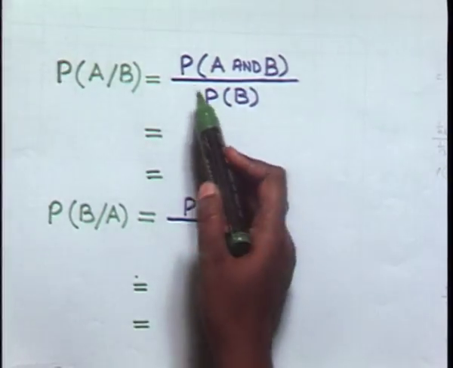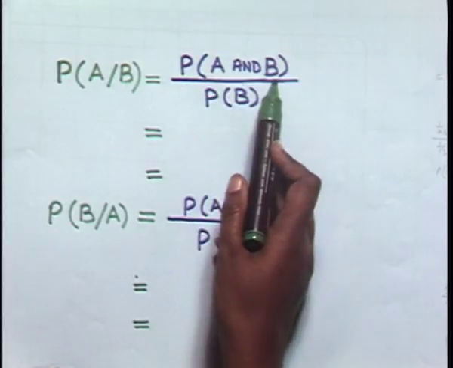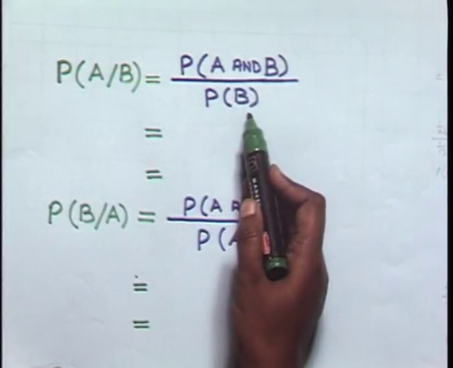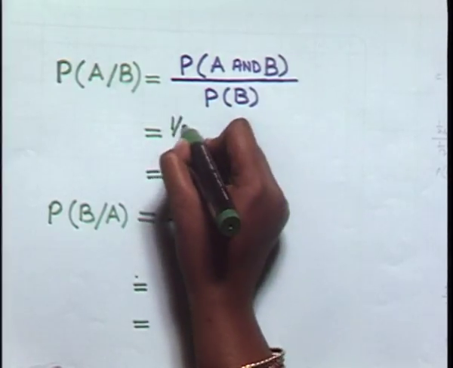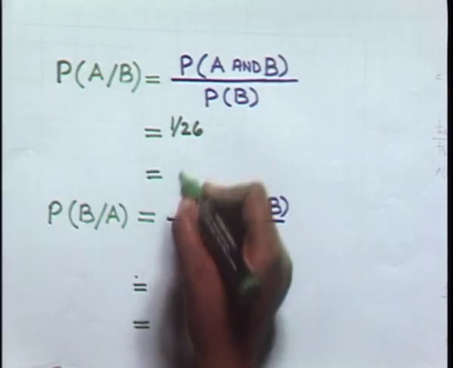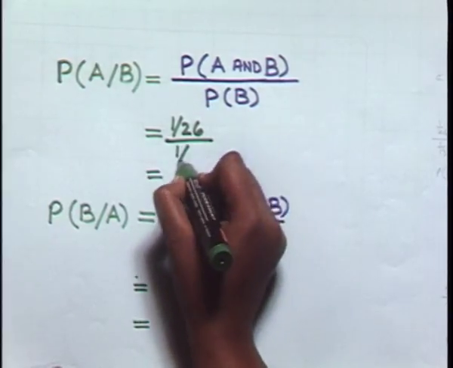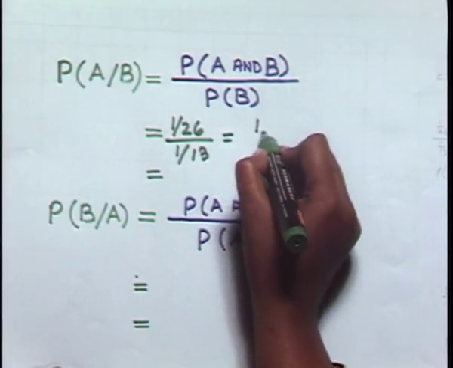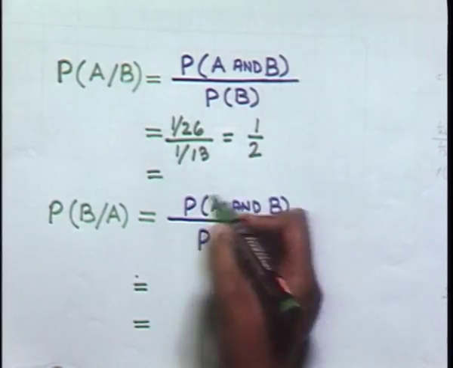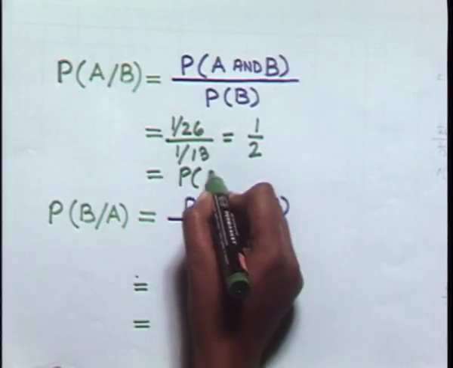It will be given by probability of event A and B upon probability of event B, that is equal to 1 upon 26 upon 1 upon 13, which is equal to 1 upon 2, which is nothing but probability of event A.